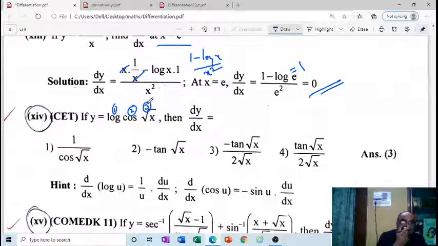There are 3 functions. So, log of cos of root x.